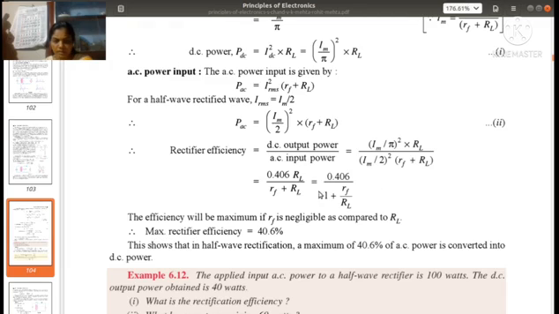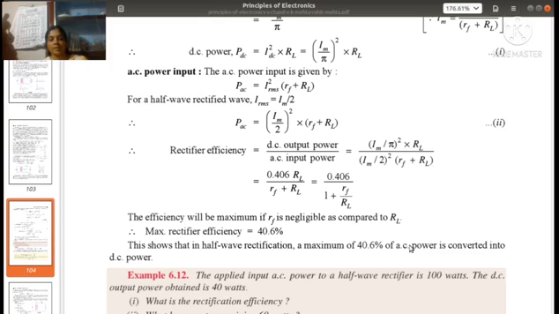This is just a common mathematics division rule. Therefore, the maximum rectifier efficiency we obtained is 40.6%. This shows that in half wave rectification, a maximum of 40.6% of AC power is converted into DC power.